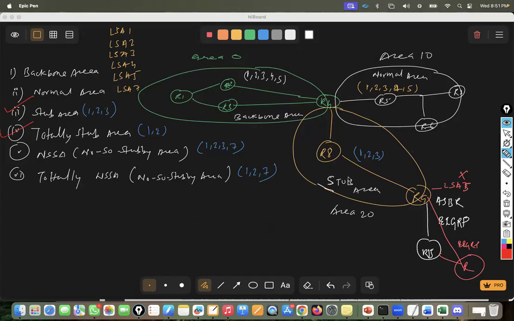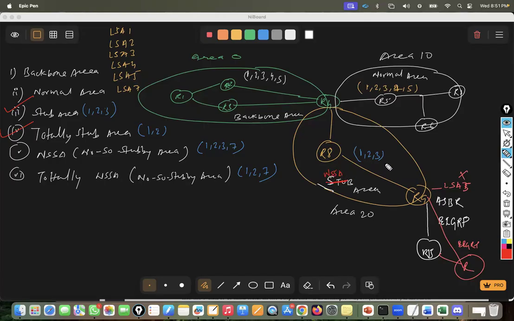Now you make this a stub. Now you have this connectivity requirement. You cannot do that, but your company has the requirement. You have to take your external route. Then how is it possible? Then you have to make this area an NSSA area instead of the stub.